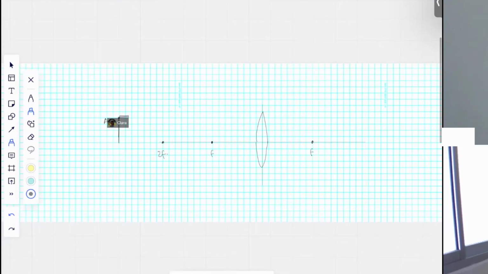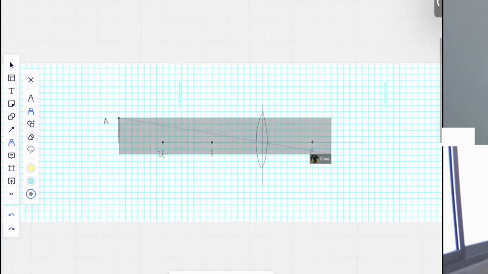Okay. Print and later draw there. Yeah, and take picture. Take picture to send to me. Yeah. Okay.